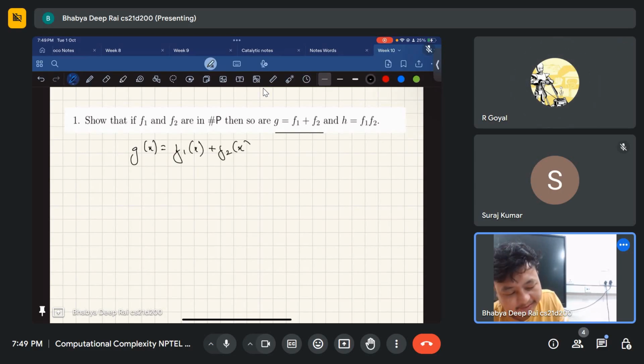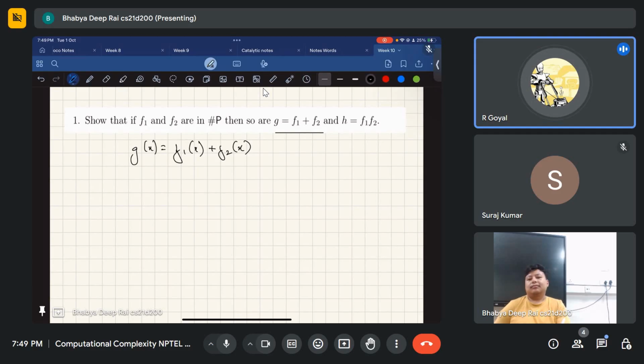Since f1 of x is in Sharp-P, I would have f1 of x many accepting paths, and for f2 of x I would again have f2 of x many accepting paths, because I am not generating a new problem.